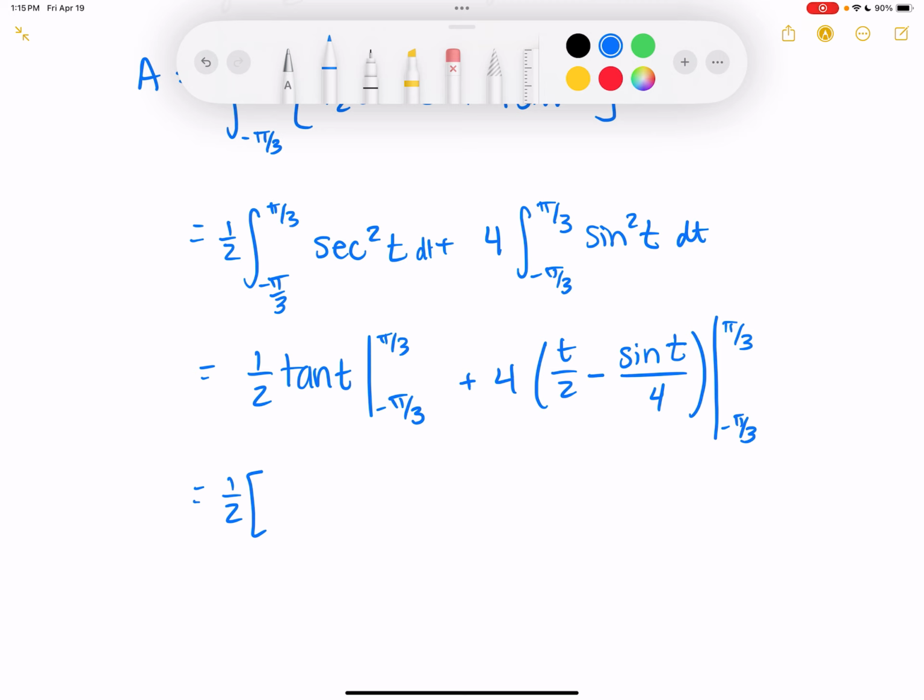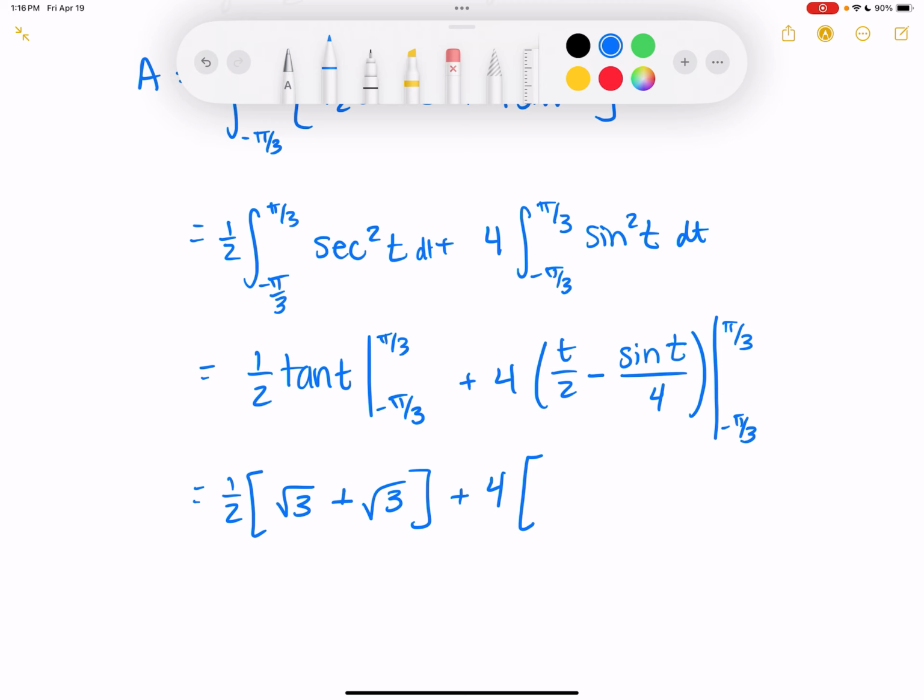Okay, so root 3 minus, when I plug in negative pi over 3, what do I get? Negative root 3, so this is going to become plus root 3, plus 1/4 times, these ones are going to get a little dicey. So I'm plugging in pi over 3 for t.